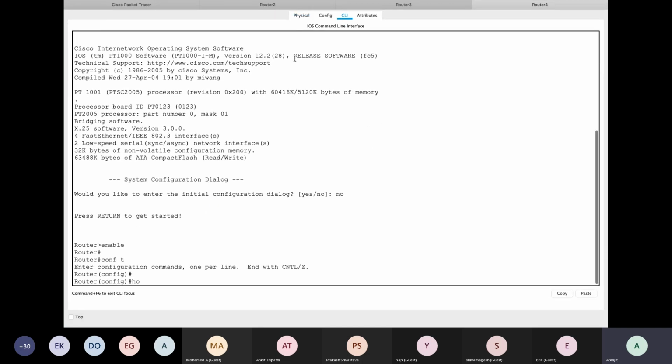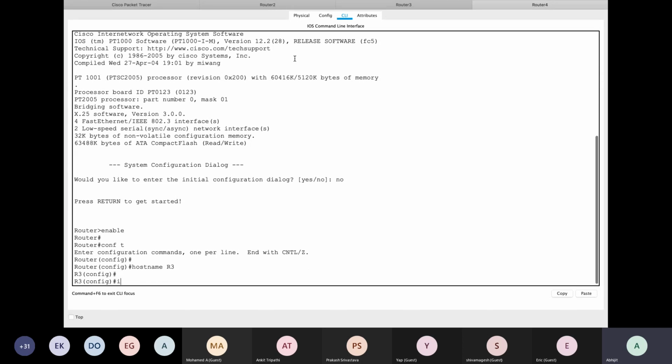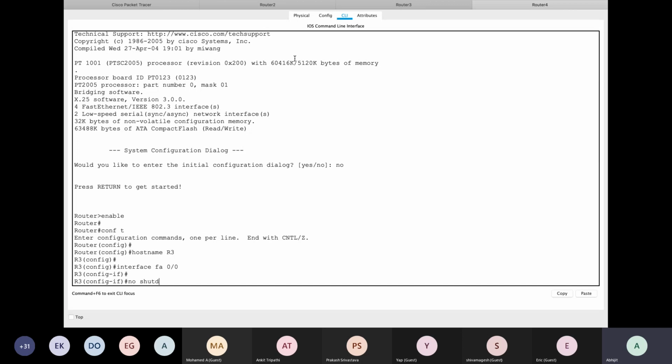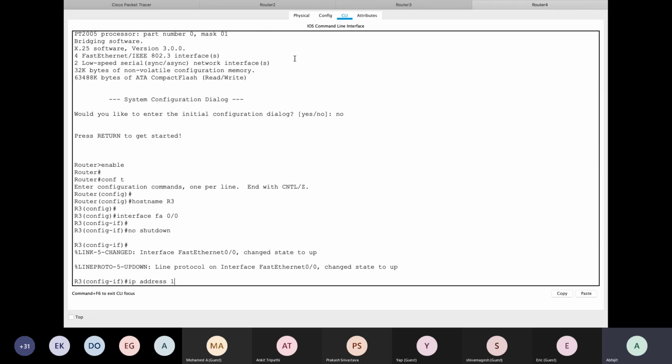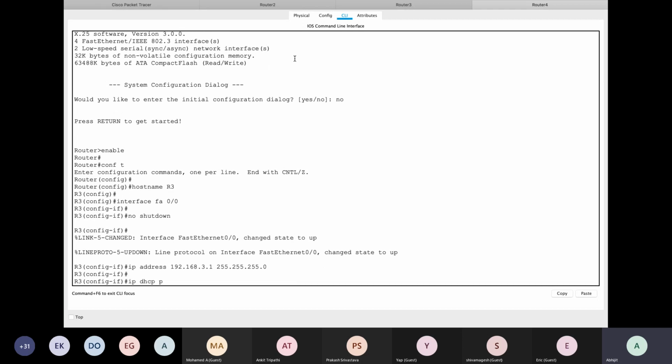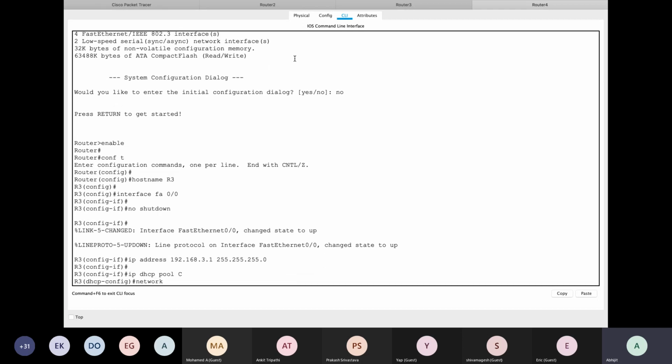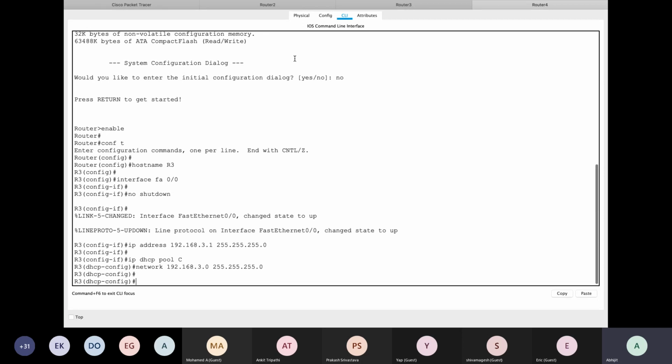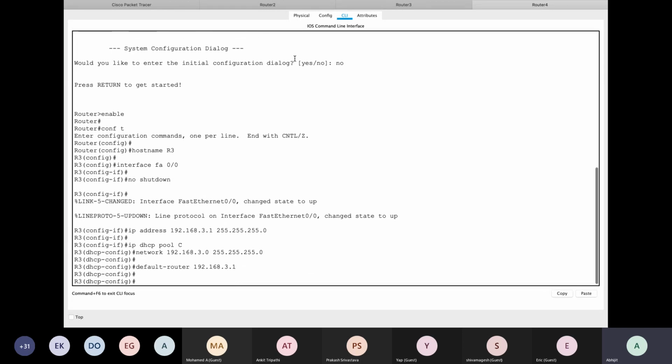Enable, config T, hostname R3, interface FA0/0, no shutdown, IP address 192.168.3.1, 255.255.255.0, IP DHCP pool C, network 192.168.3.0 along with the subnet mask, and default-router 192.168.3.1 along with no subnet mask needed there.